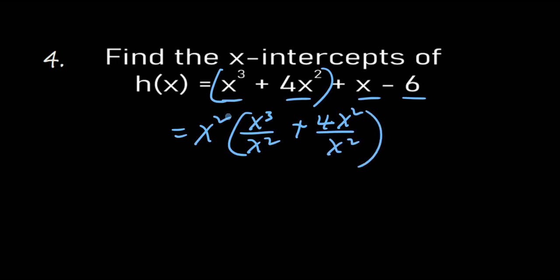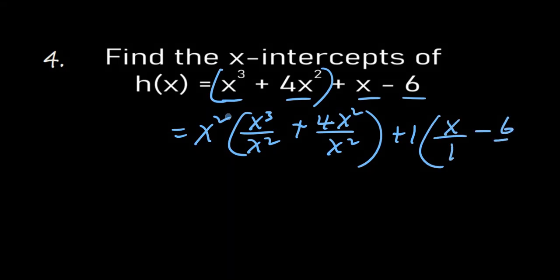And also find the GCF of the next 2 terms. The GCF of x and negative 6 will be 1, so you can divide each of them by 1. Good. Of course, you have to change h of x to y.